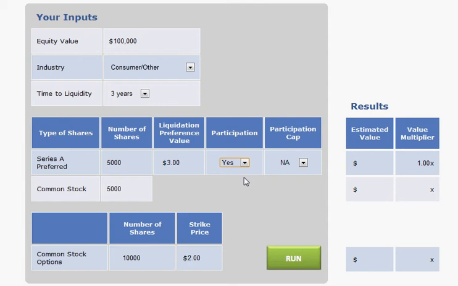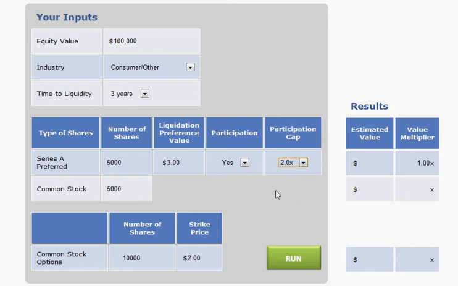Therefore, what we do see sometimes, not as much for very early financing rounds, but for later financing rounds, if preferred shares are given participation feature, then there is a cap associated with it.